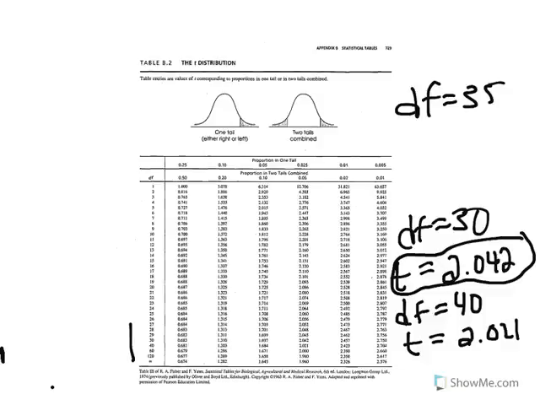We're splitting hairs, the values aren't that significantly different from one another, but nonetheless, as a researcher, you want to be more conservative. So the rule of thumb is to go with the degrees of freedom that's lower, because that's going to produce the higher t value. So again, we're going to use 2.042 for this particular example.